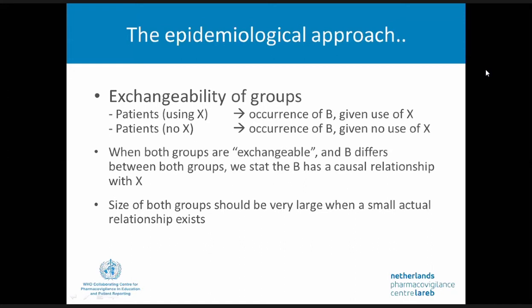Okay, so when both groups are exchangeable and B differs between both groups, we say that B is causally related to X. That means that if B does not occur as much in people who do not smoke, but occurs maybe even 100 times more in people who use X, you can say that X, or cigarette smoking, is a cause of lung cancer, or people who smoke cigarettes are more likely to develop lung cancer.